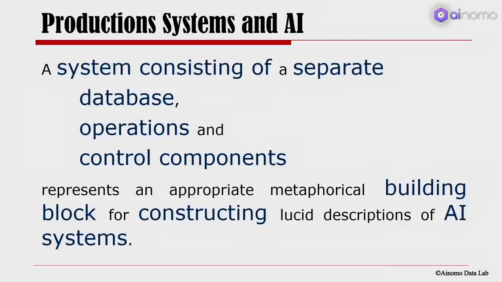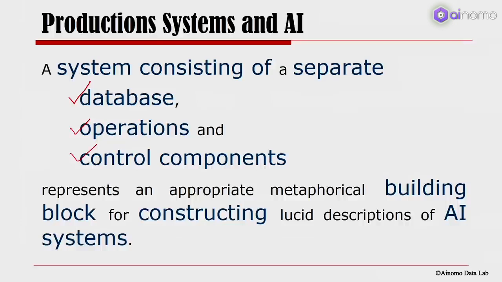So now we are in a position to define production systems that work in such a way. A production system consists of three important things. A database; here I would emphasize that one should not confuse this with databases from database systems. What we mean here is a unit that consists of rules and facts, operations, and control strategies. So these are the building blocks for constructing lucid descriptions of AI systems.